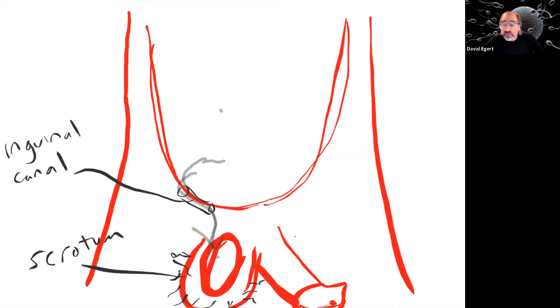Why have the testes, which are essential for the survival of the species, in such a vulnerable place, rather than keeping them up in the pelvic cavity where they're much safer? Temperature control. And why do we need to worry about temperature control?